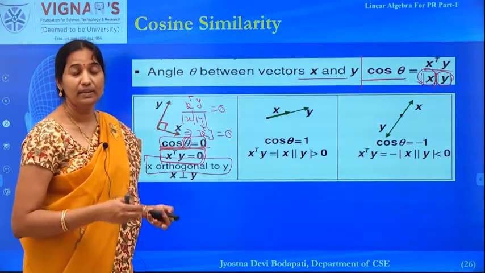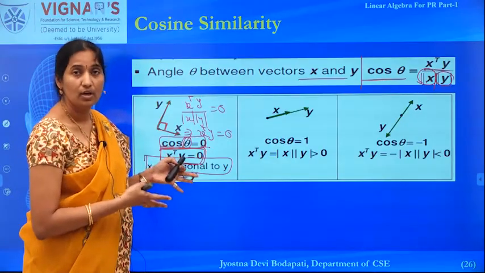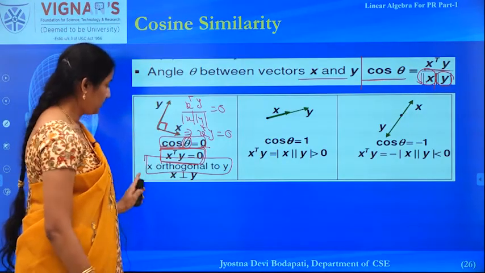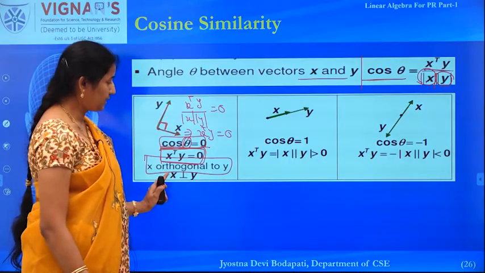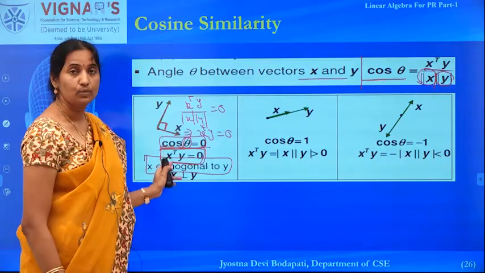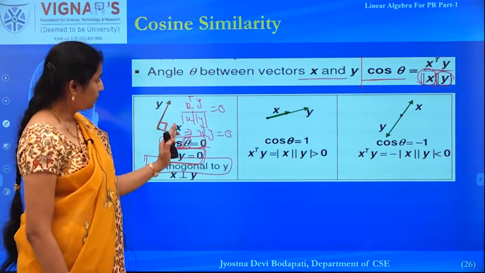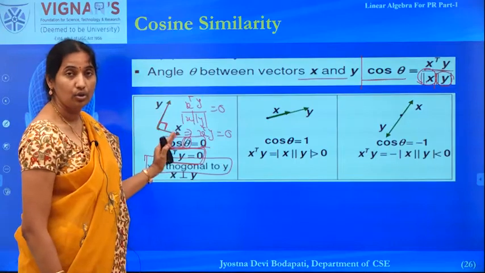There are some interesting properties for these vectors. That's why we are more interested in these orthogonal vectors. So x and y are orthogonal vectors when cos theta is 0, which implies that x transpose y, the inner product, is 0. That means the two vectors are orthogonal to each other.